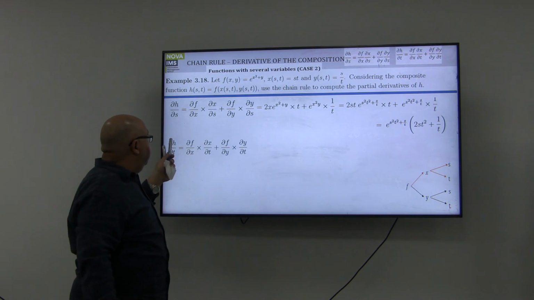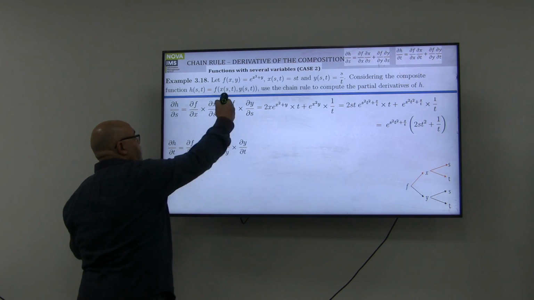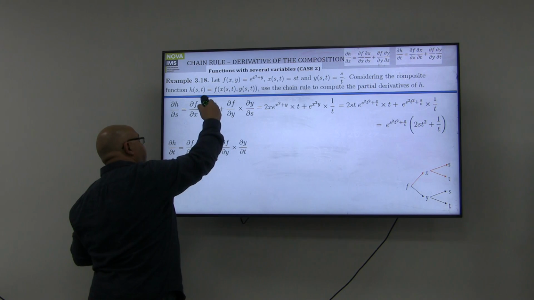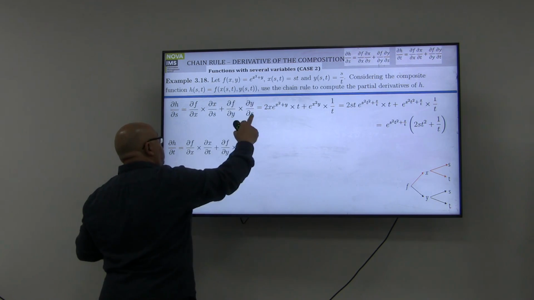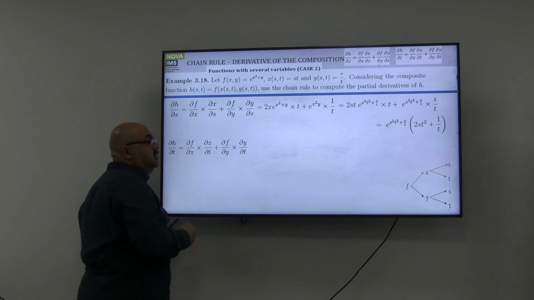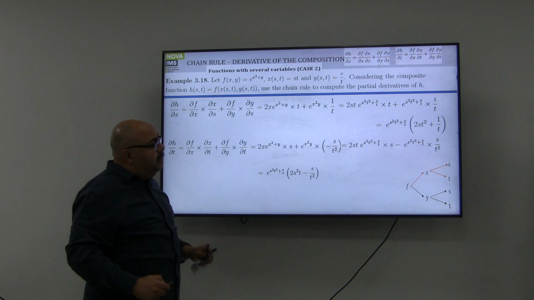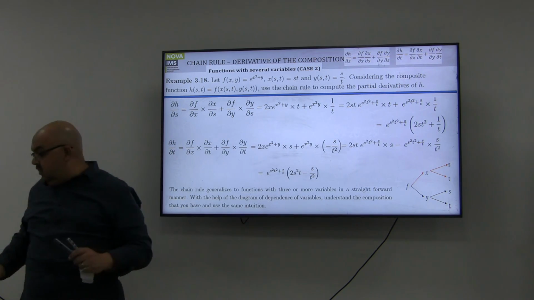If I want to find partial h, partial t, remark that the first two parts are exactly the same. The difference only will be in differentiating x with respect to t, differentiating y with respect to t, and then in the substitution. It's very, very simple, and I've brought plenty of problems for you in order to make your life easier.